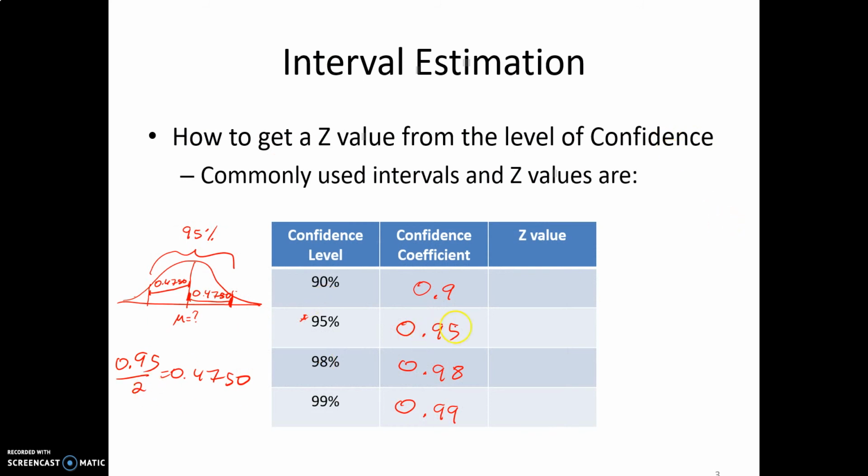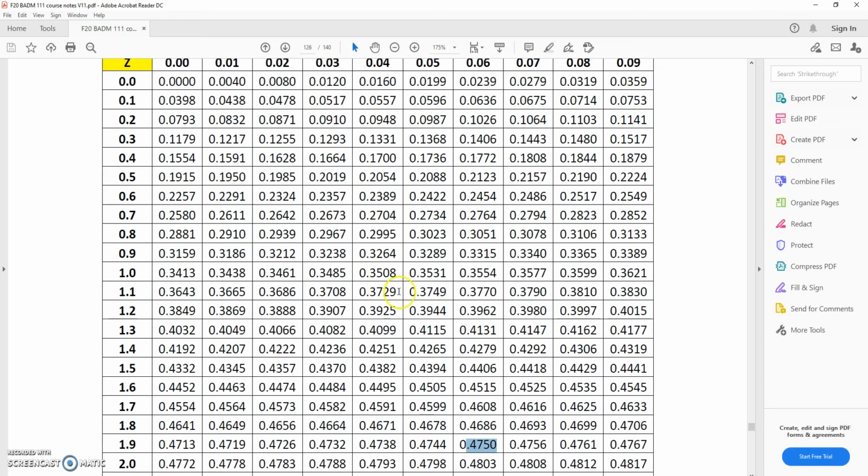So a Z value that corresponds to a 95% confidence interval is 1.96. If we did the same thing for 90%, we would have an area of 0.45 in both halves. 0.45 is going to be right in between those two values, 1.64 and 1.65.